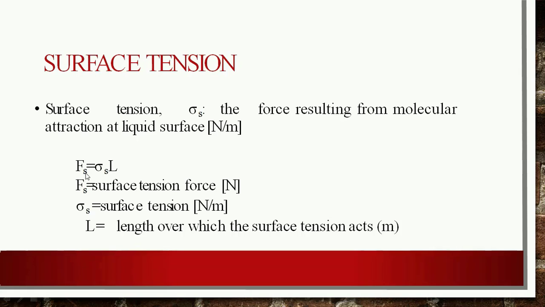Force is equal to surface tension into L. So the formula of surface tension will be equal to force divided by length. This Fs is nothing but surface tension force, which is in Newton. This is surface tension, which is Newton per meter, and this L is nothing but the length over which the surface tension is acting, which is in meters.